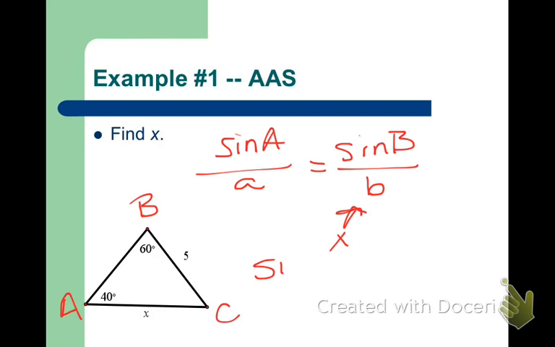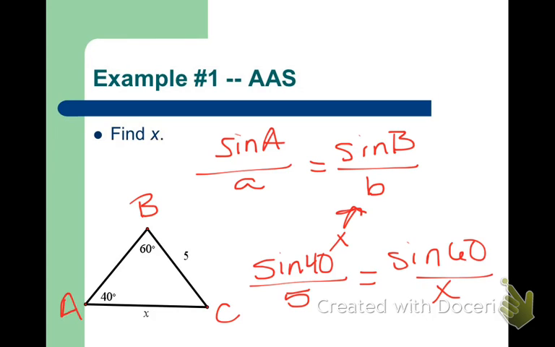Filling in the information, I get the sine of 40 over 5 is equal to the sine of 60 over x. I'm going to do this all in my calculator. I'm going to do 5 times the sine of 60 and then divide by the sine of 40. And when I do that, I get an answer of 6.7 for x. Very simple. Cross multiply and divide.